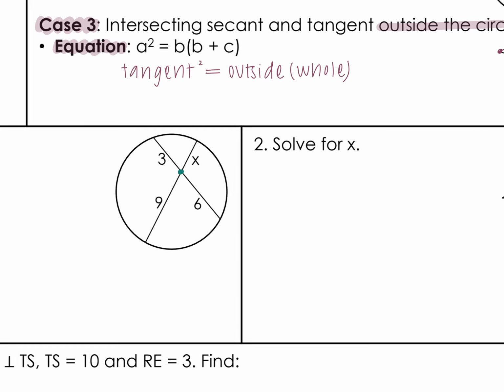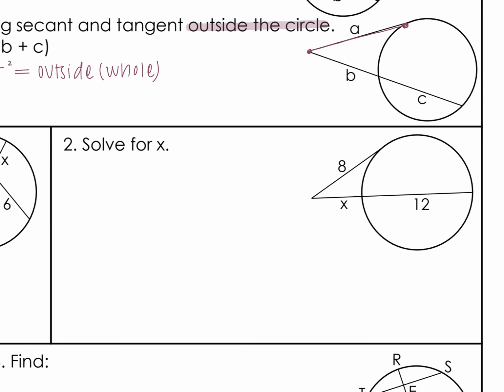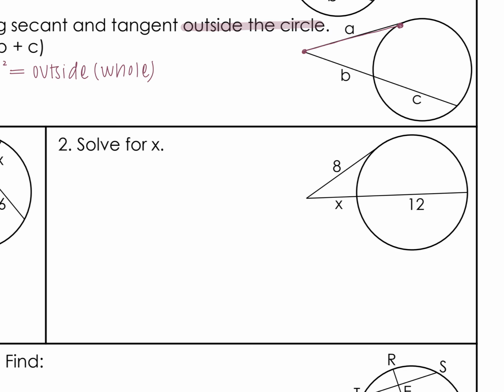Moving into problem number 2. We're going to solve for x. Okay, once again, we've got to identify where these segments are formed. And so here they're intersecting outside of the circle. And you'll notice that we do have that tangent here. Okay, remember tangent is that line that touches the circle at one point.